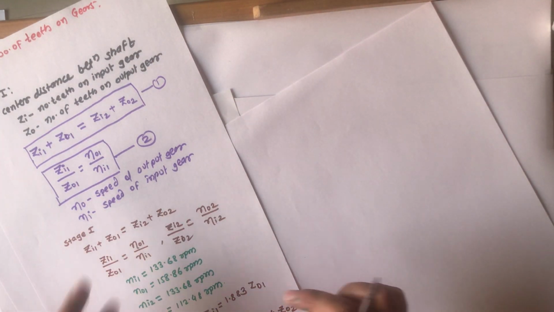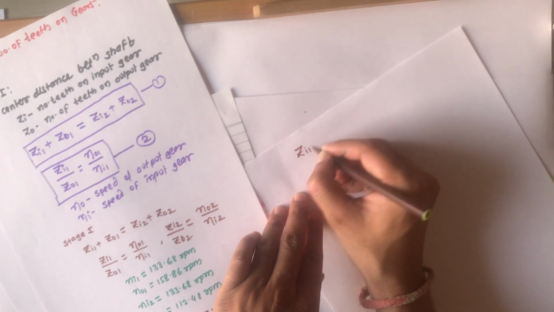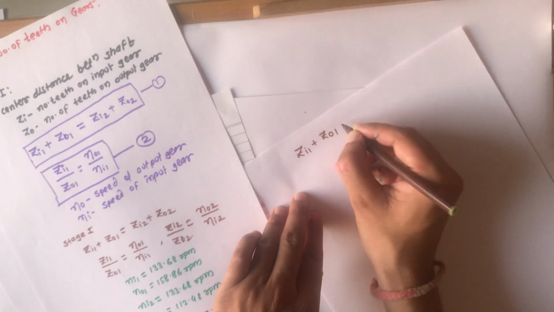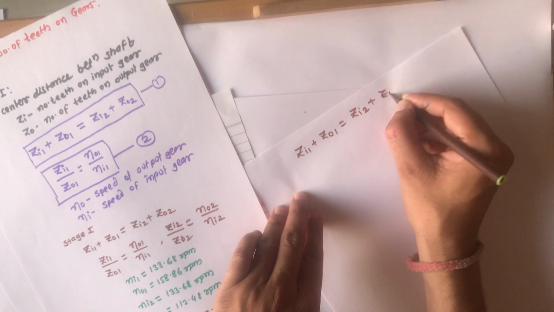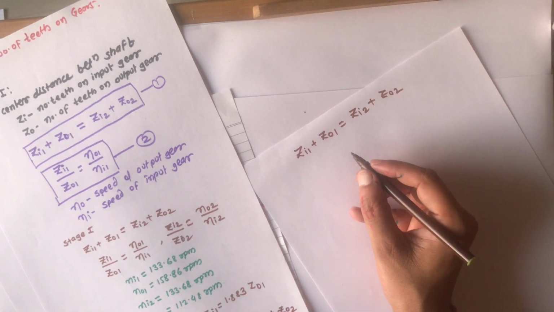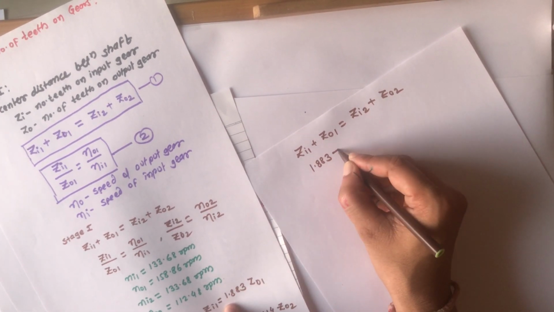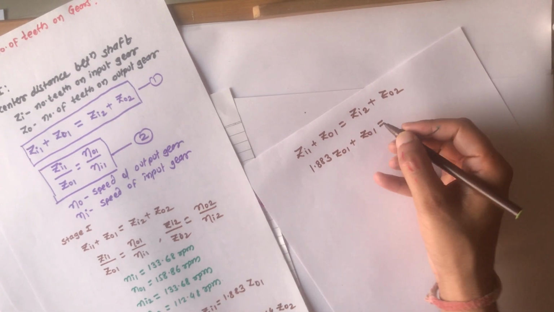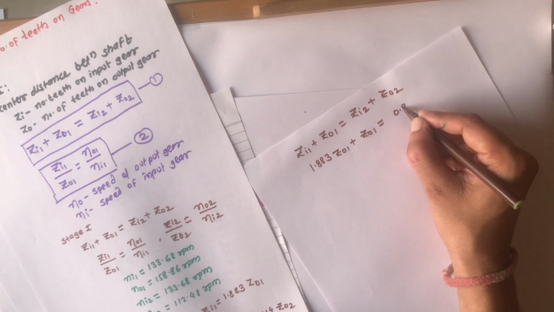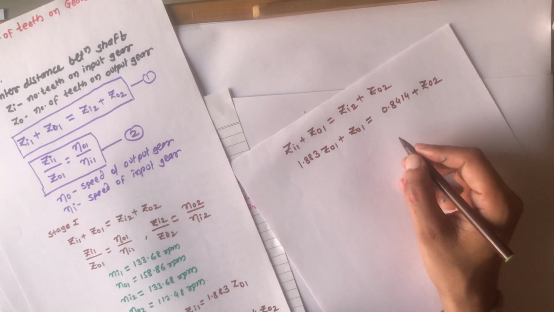Put these two relations in the distance formula, that is Zi1 plus ZO1 is equal to Zi2 plus ZO2. Now Zi1 is 1.883 ZO1, so 1.883 ZO1 plus ZO1 is equal to 0.8414 ZO2 plus ZO2.